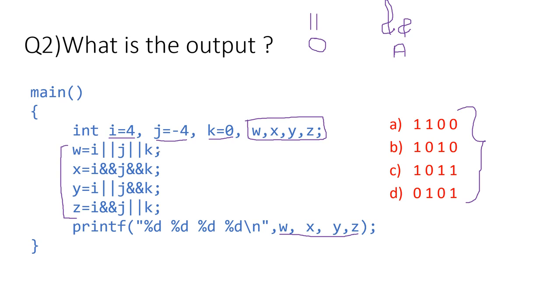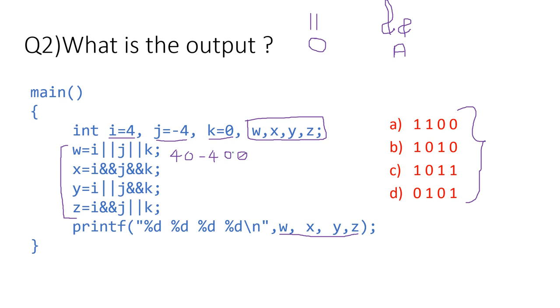So in the first expression what you have is 4, which is the value of i, an OR, then j, which is -4, then an OR again, and then a 0.